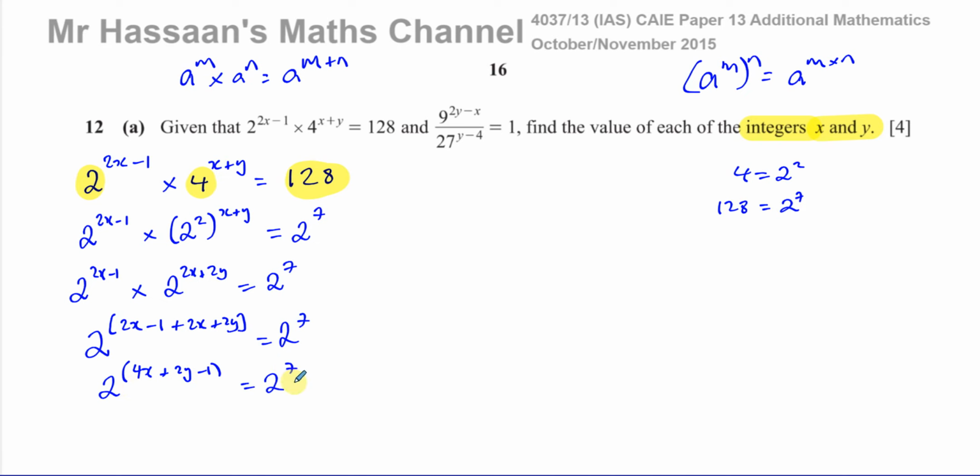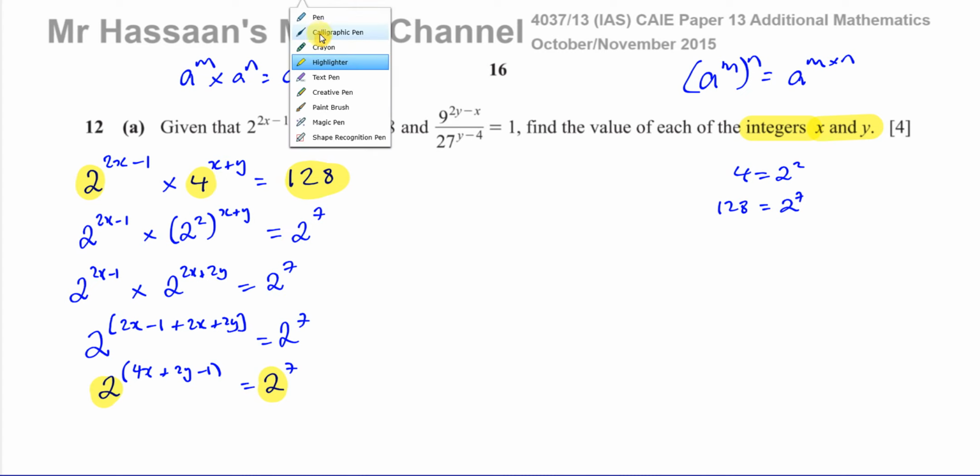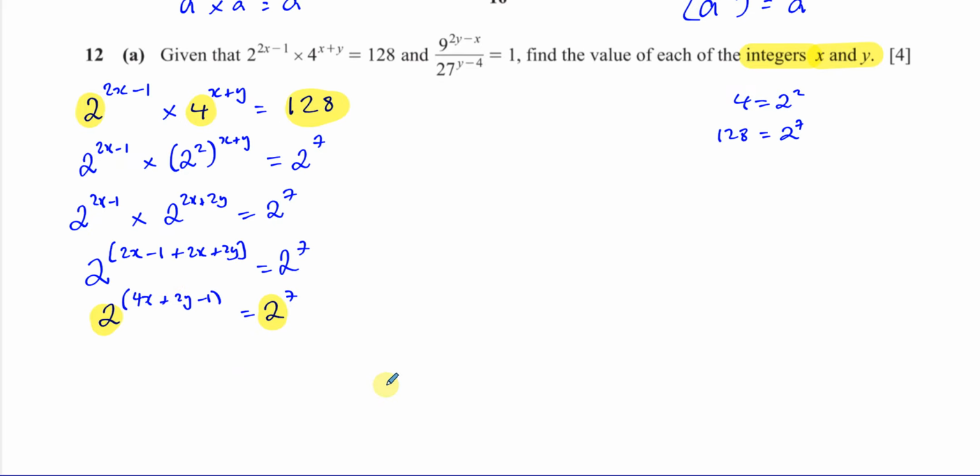Now the bases are the same, so the powers must also be the same. I can write down 4x plus 2y minus 1 equals 7.